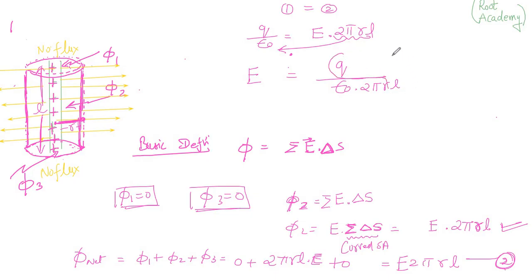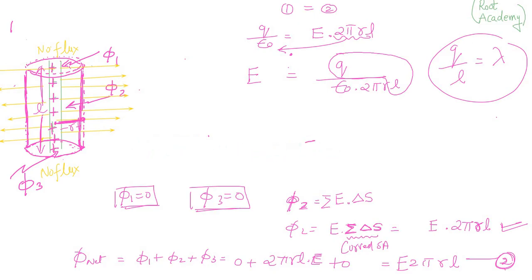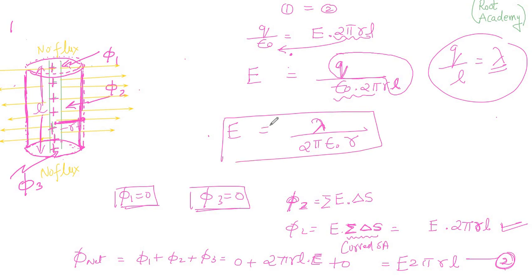What is Q by L? It is the charge per unit length for a given wire. Charge per unit length is nothing but lambda, which is known as the charge density. So Q by L is lambda. Let me write down: E is equal to lambda by 2 pi epsilon naught R. This is the formula for electric field intensity due to the wire.